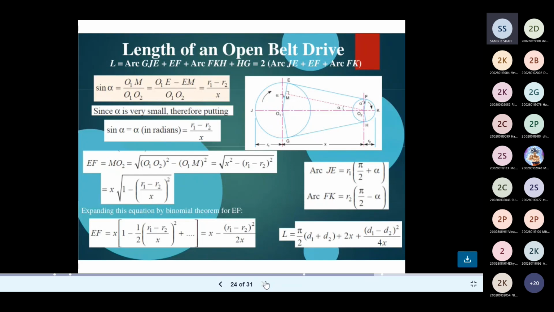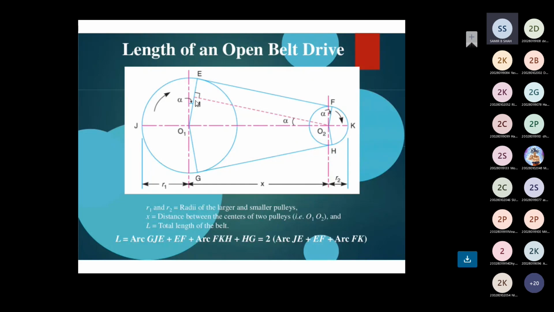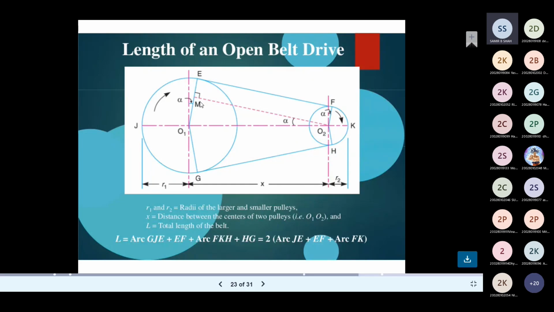Now you can see here, I will show you the diagram, then it may be very clear in your mind. I just draw or extend this line up to the center line, so I'm getting the true length. And from the diagram, we can say that sine alpha is equal to O1M divided by O1O2, right?